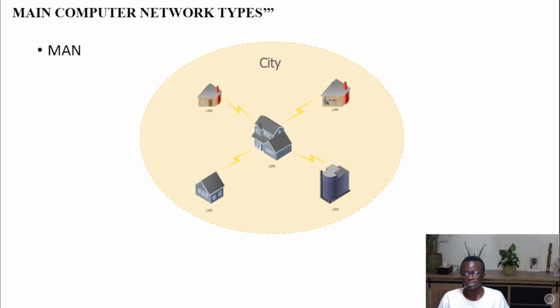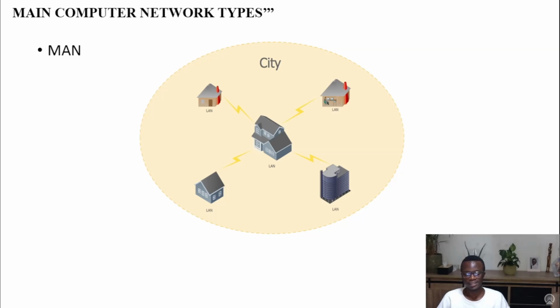For example, it's Kigali city, or Bruxelles city. So when we have a single city, which are connected together where they can communicate, the connection is implemented in a single city. It's called the metropolitan.